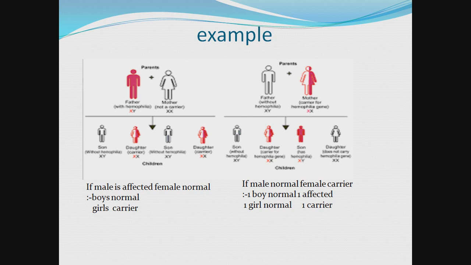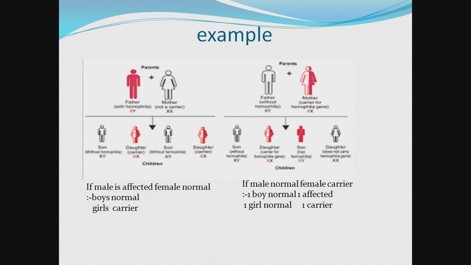Next XX, the daughter, and the daughter will be a carrier. Next is when the affected X is with the normal Y of the father. Then, as that one X is defective, the son will become affected. And the last one is normal XX, that is the daughter is normal.